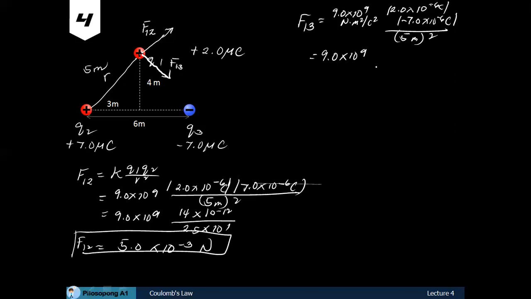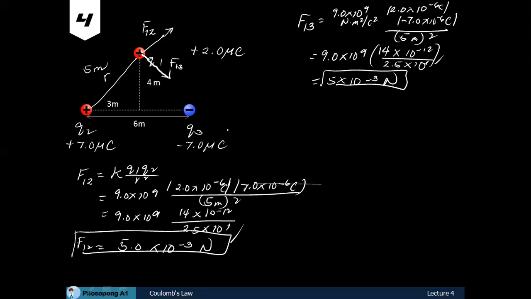That's 2 times 7, so it's just the same: 14 times 10 raised to negative 12 over 2.5 times 10 raised to 1. And we get an answer of 5 times 10 raised to negative 3. As you see, it's the same as how we computed it. Although the charges Q2 and Q3 are different in sign, you can still have the same answer for both quantities.